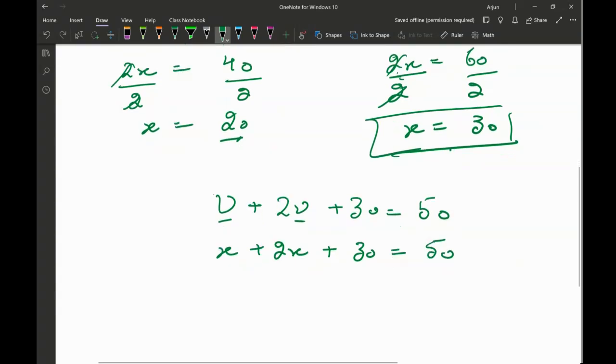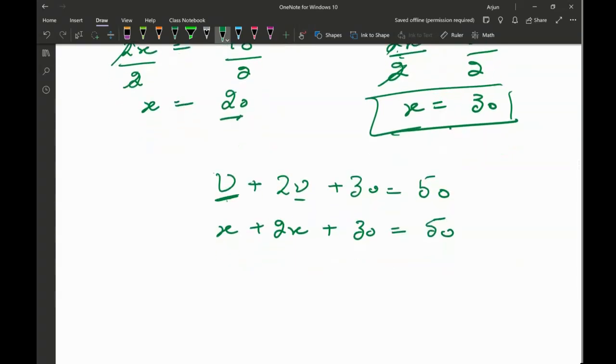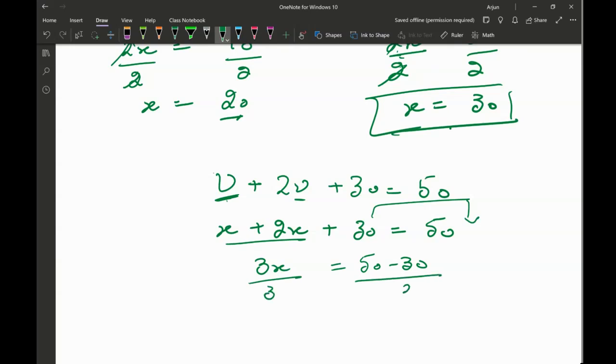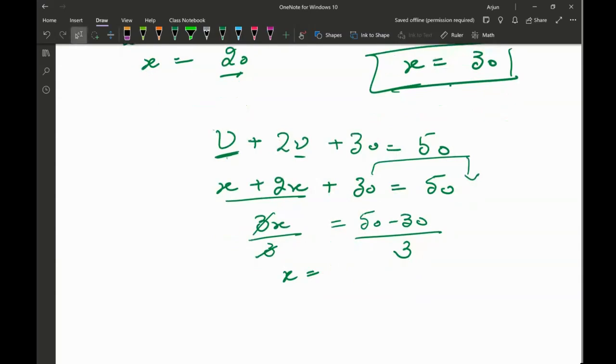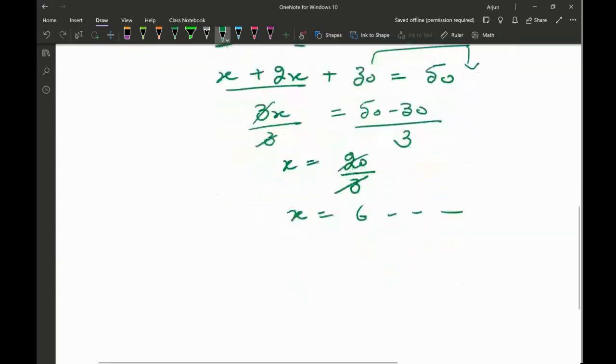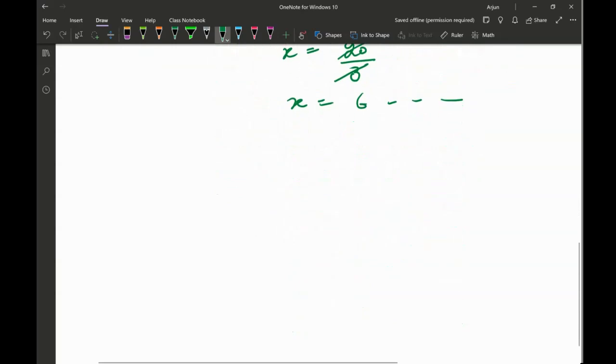You can assume it this way in your head if v is kind of tricky for you guys. Now x plus 2x is 3x, and this 30 goes on the other side, which is 50 minus 30, and dividing both sides by 3, I will get the value of x. 50 minus 30 is 20, and 20 divided by 3 is 6 point something something. That's how you simplify this kind of question.